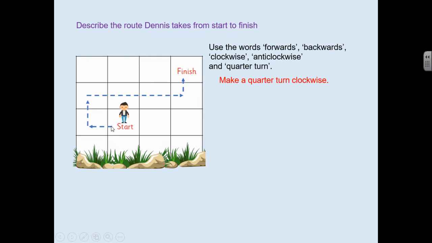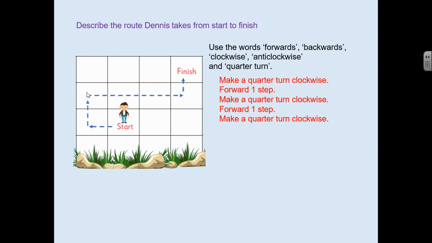Now he's going to step one step forward. So forward one step, so he's reached here. Now he's going to make another turn, so make a quarter turn clockwise, and he's going to move forward one square, so forward one square. So he's here at the moment. Now he needs to make another turn, so he makes a quarter turn clockwise, and he's going to make 1, 2, 3 steps.